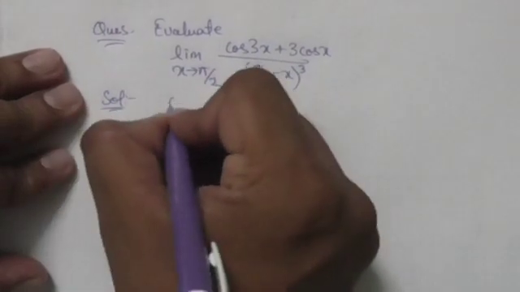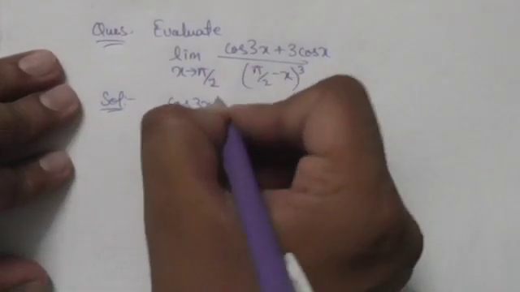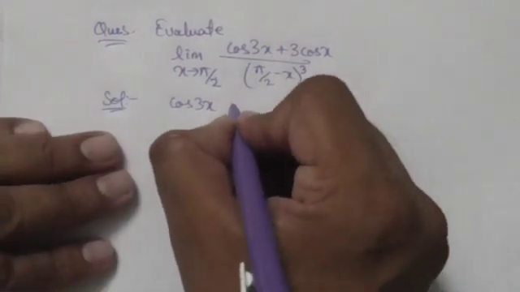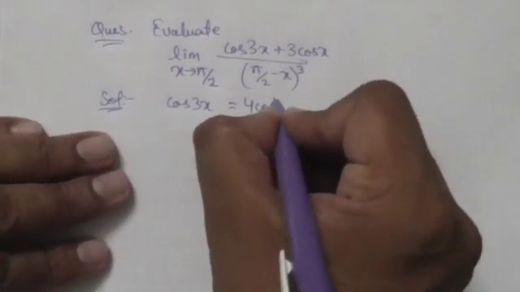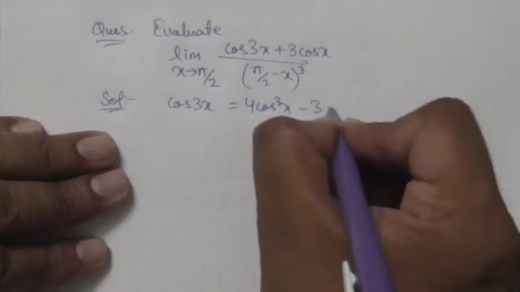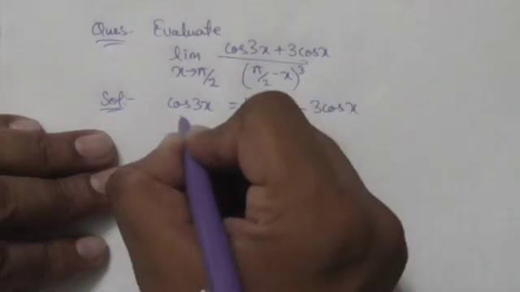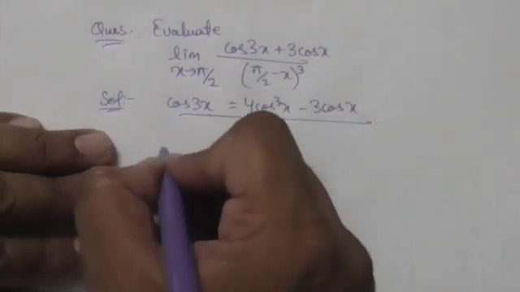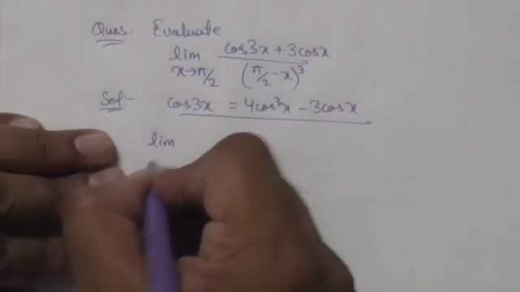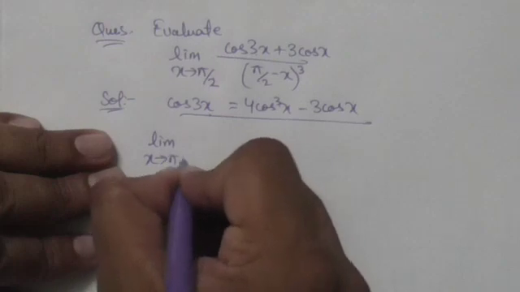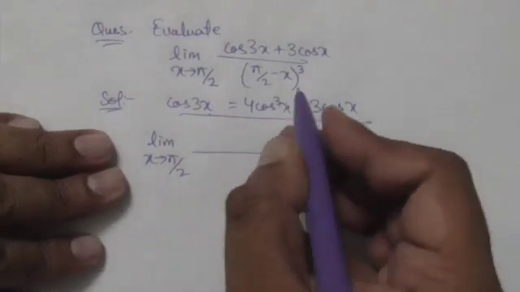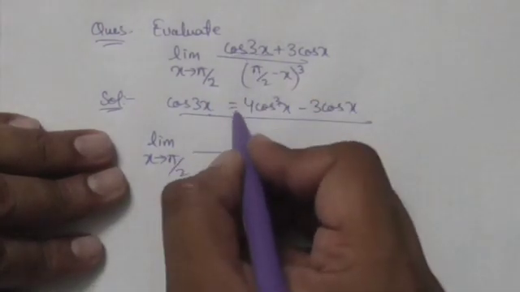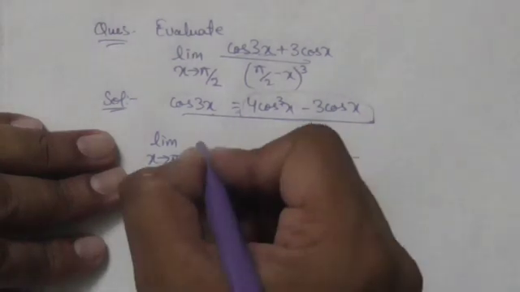Now we have to solve this question. What is cos 3x? Cos 3x is 4 cos cube x minus 3 cos x. Now we will substitute this value of cos 3x here. So we will get limit x tends to pi by 2, and in place of cos 3x we will write this expression.